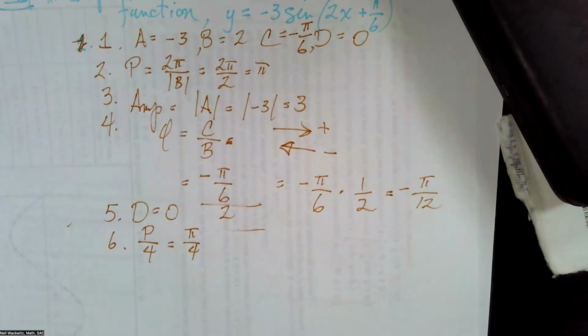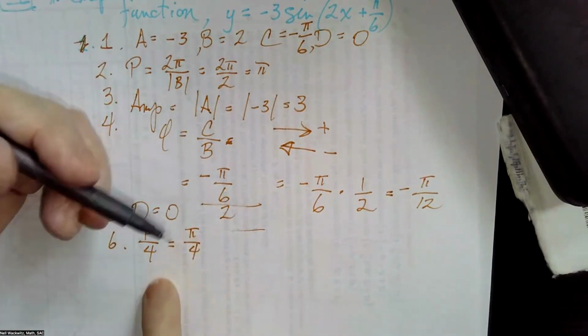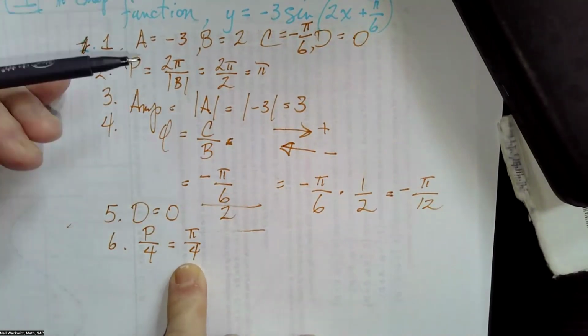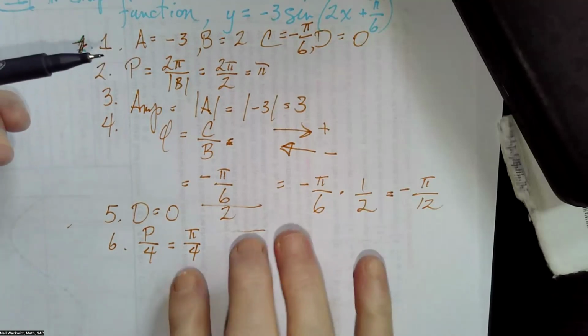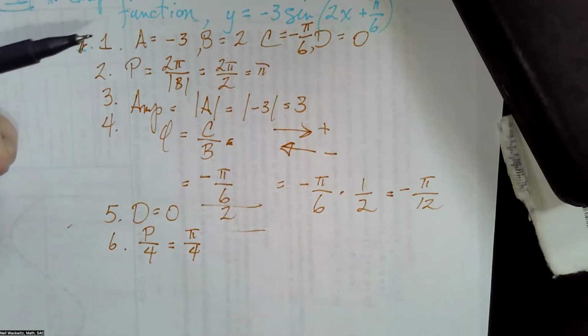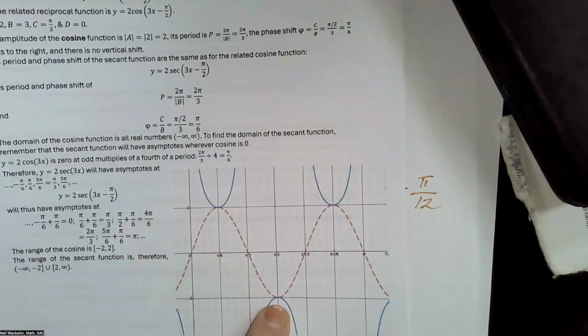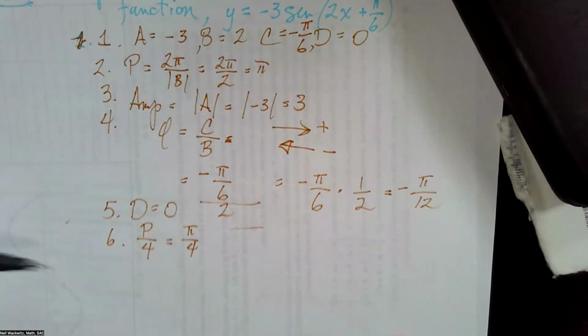To find the 4 quadrants. Yeah, to find the 4, not really the 4 quadrants, but the 4 critical points. Because we know that sine changes from an intercept to a max, to an intercept to a min, to an intercept to a max. Yes, that's correct. Very good.